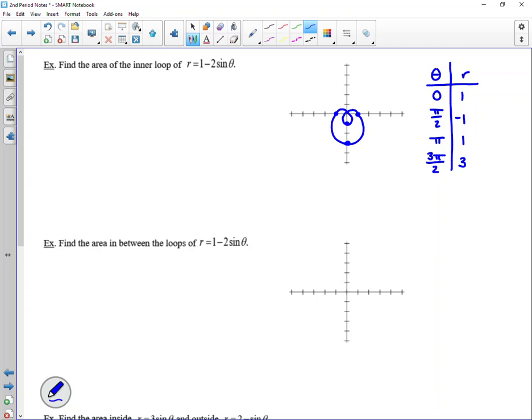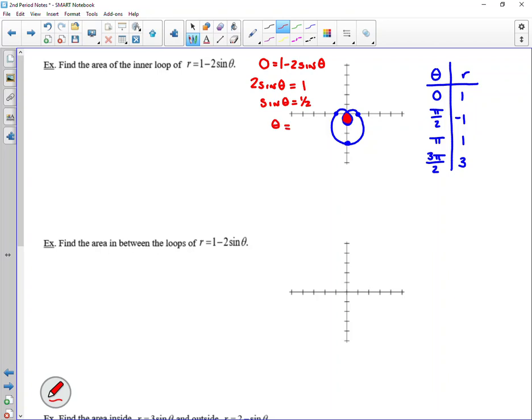Okay, we just want the inner loop. So just this little part. How do we find where the inner part begins and ends? Set it equal to 0 because it's going to start inside the loop when it hits 0 and it's going to exit when it also equals 0. Okay, so 2 sine theta equals 1. Sine theta equals 1/2.